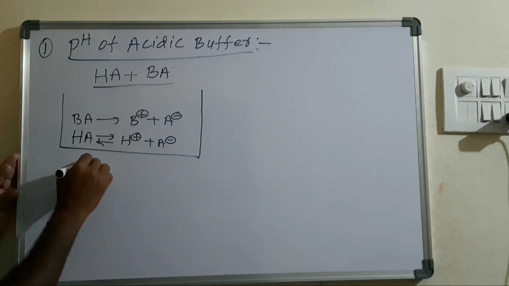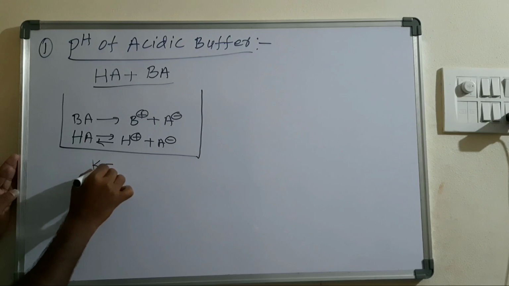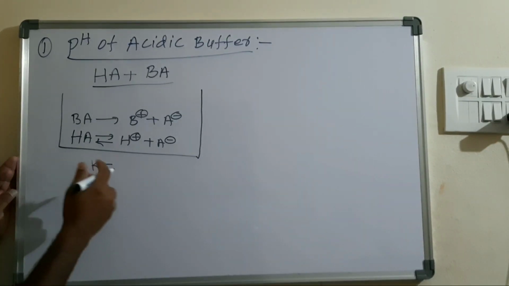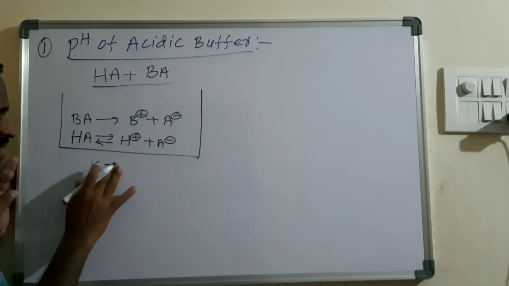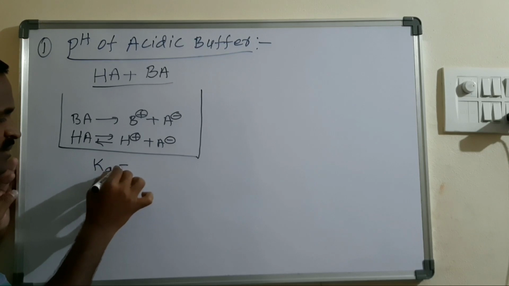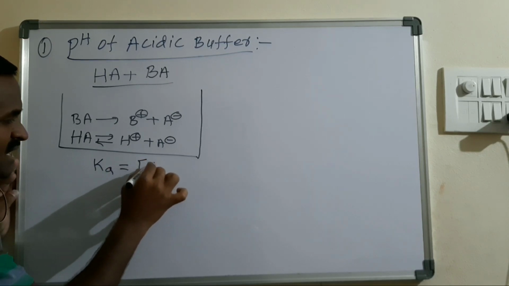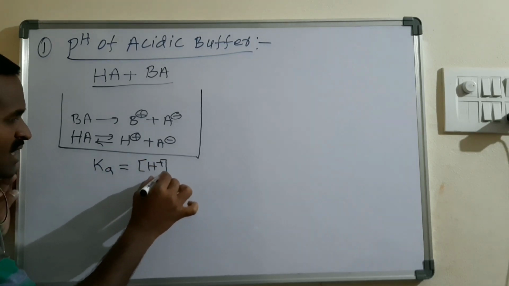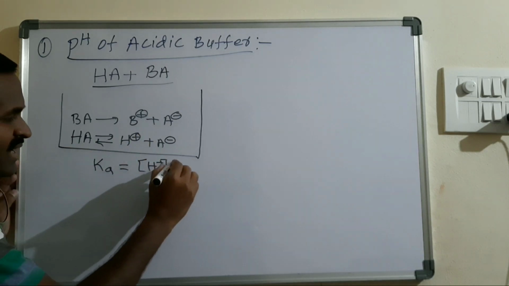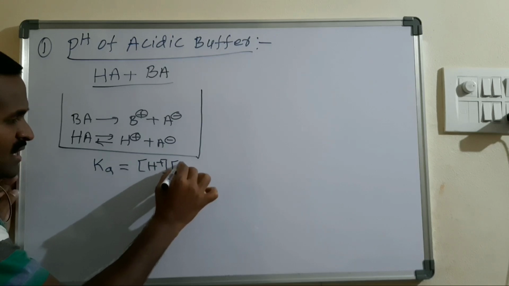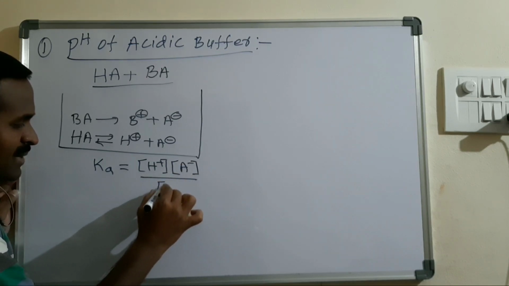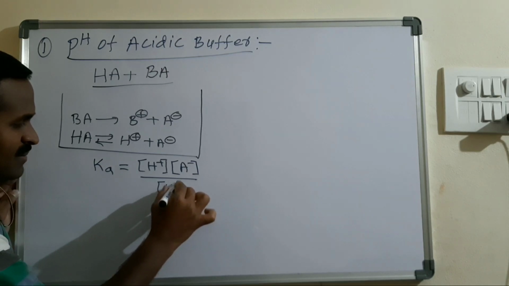So for this you can write its equilibrium constant K. This is for the acid, so I can write Ka as the equilibrium constant: the product of molar concentrations of products to the product of molar concentrations of reactants. So H plus concentration times A minus ion concentration divided by HA concentration.